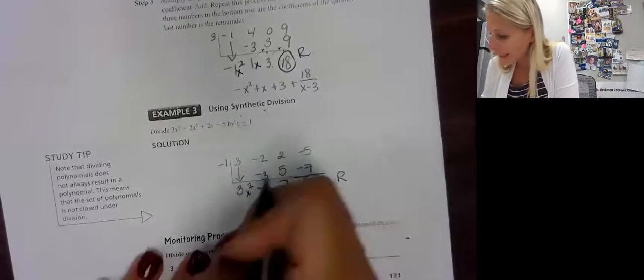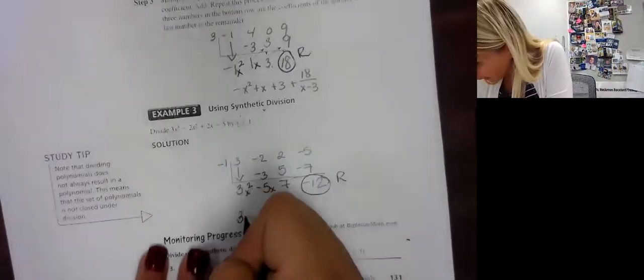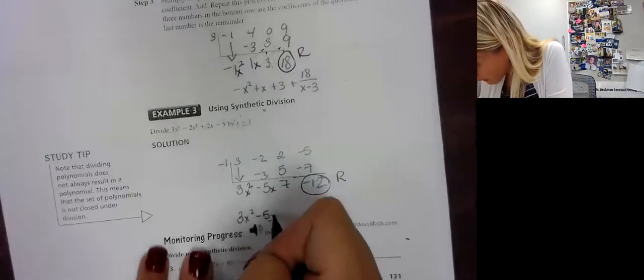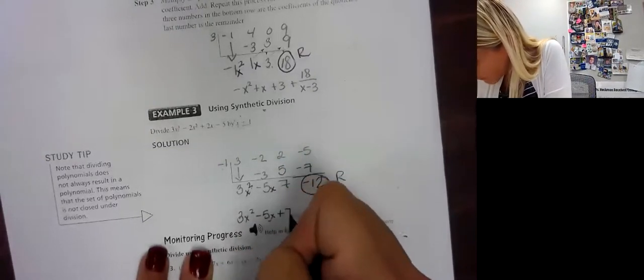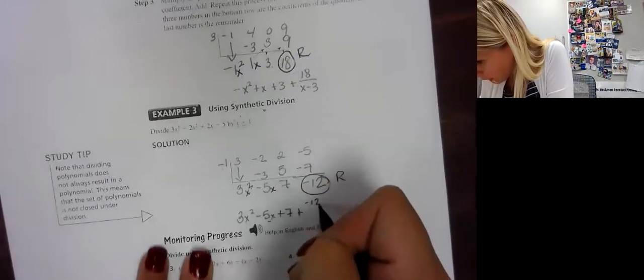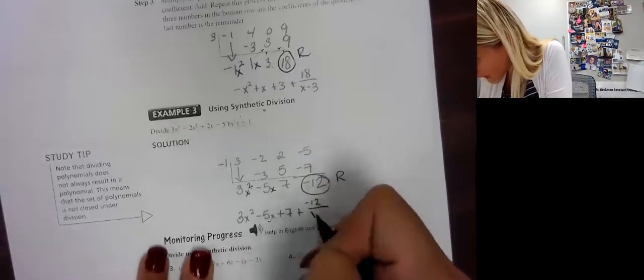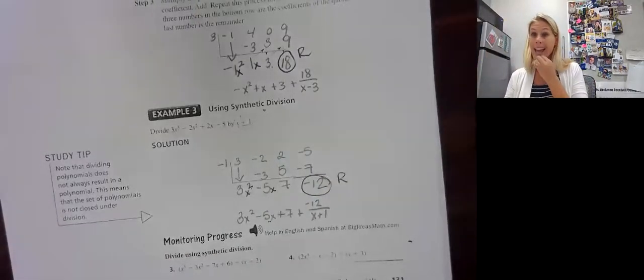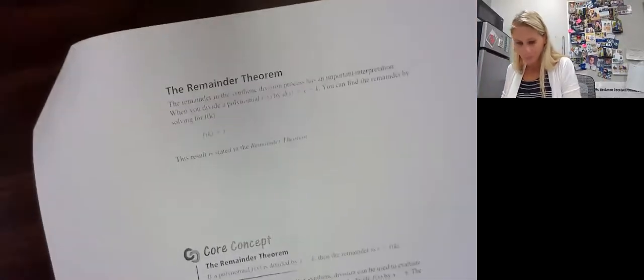Okay, so my answer is going to be 3x squared minus 5x plus 7 plus remainder, which is negative 12, over our divisor, which in this case is x plus 1. Yay? Okay, guys, let's move on.